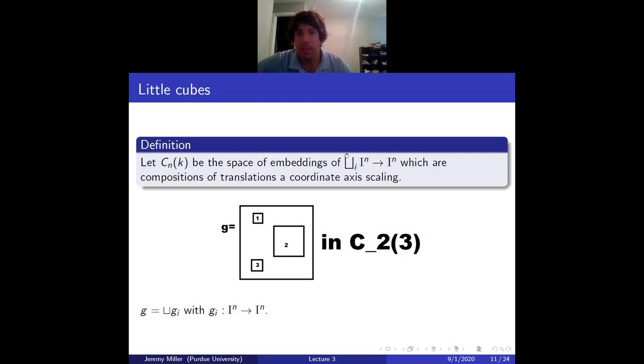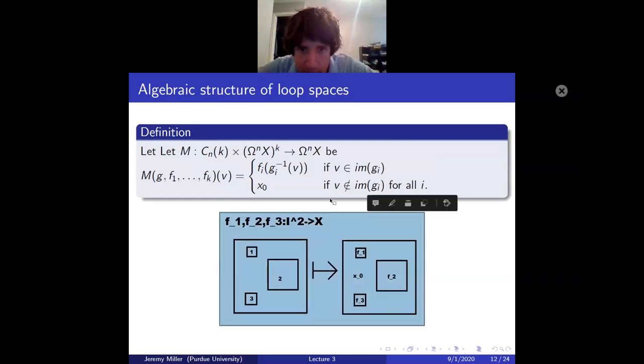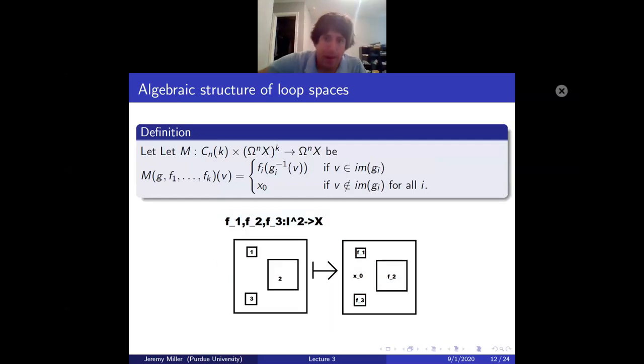I'm saying it's injective on the entire disjoint union. I think we're going to let the boundaries overlap, but up to homotopy, that doesn't matter. Maybe I'm only actually requiring that there are embeddings on the interiors.